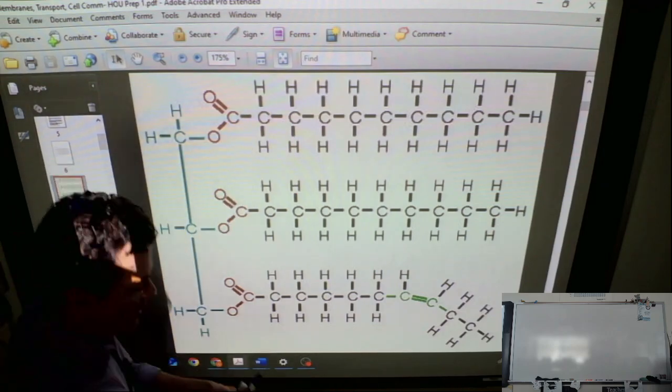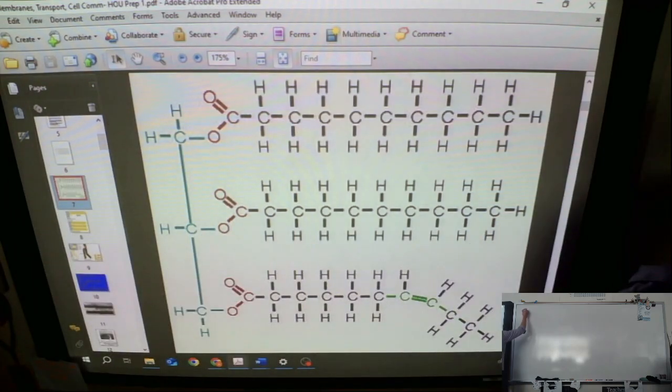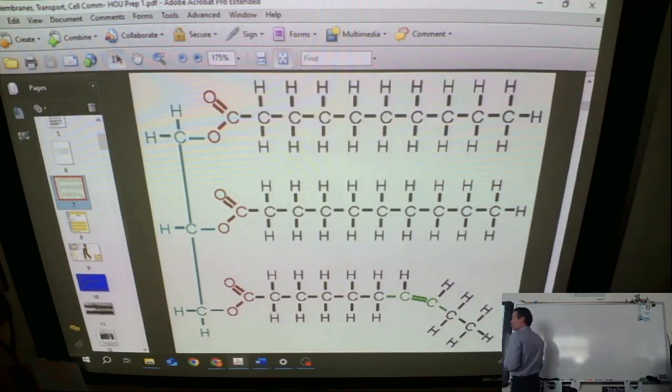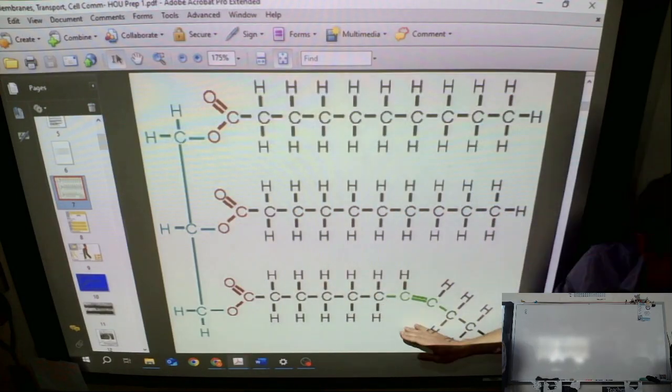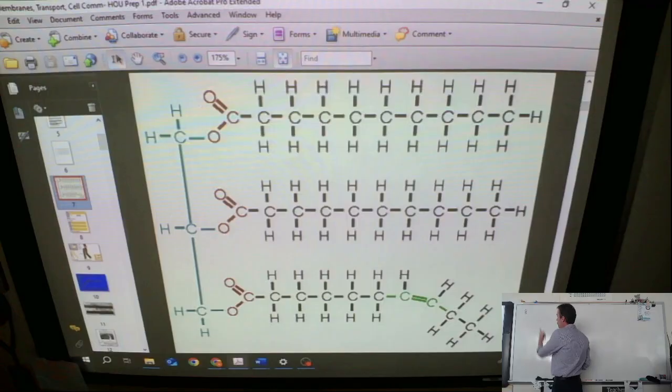I spin it around, and now I've got a phospholipid. So phospholipids, a lot of times teachers draw them kind of like that. Those are the two tails. Usually one tail is straight, it's saturated, and usually one tail has some bends in it. So that's a phospholipid. What was the round part on top representing?